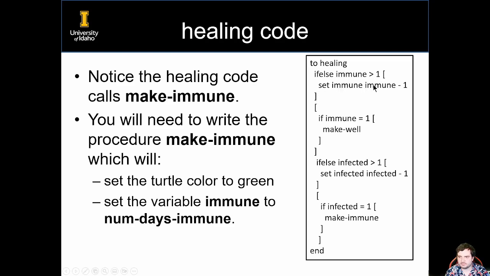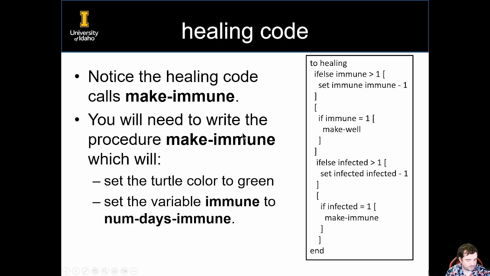If it's not greater than 1, it could be 0 or 1, and if it is 1, we're going to do the make well command. Then we close this if-else immune, and we start up an if-else infected, because you can't be immune and then be infected, so it works logically. Having the immune first is very nice for our infected. This way on our first infected day, we don't lose 1 day of immunity.